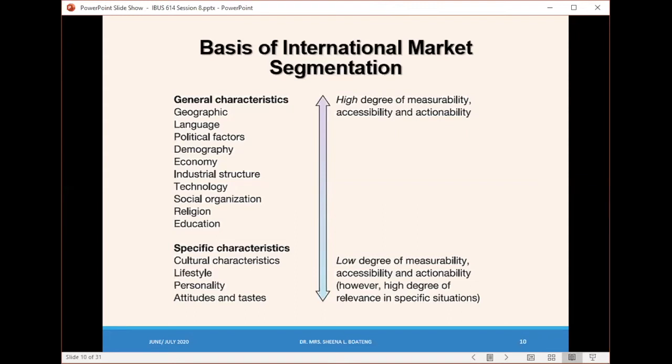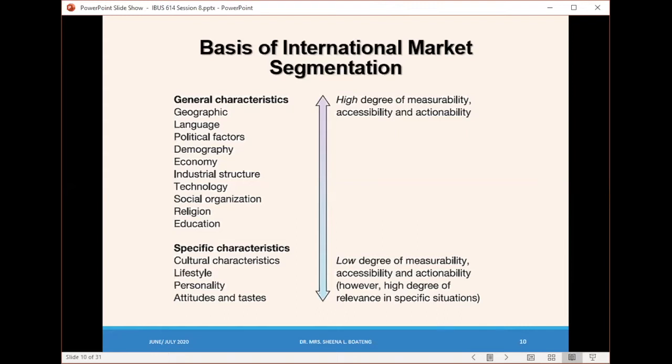So even though general characteristics are a good starting point when you are segmenting your market as a global marketer, it is encouraged that you go into more detailed and in-depth analysis using specific characteristics like culture and lifestyle to be able to fine-tune the market segments and pick out specific segments that have been largely ignored and lumped up under generalized segments.